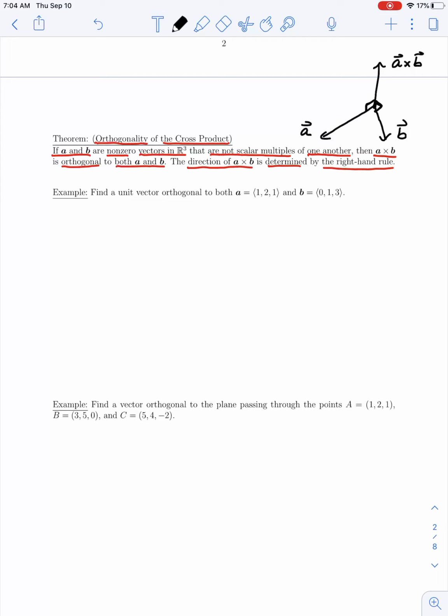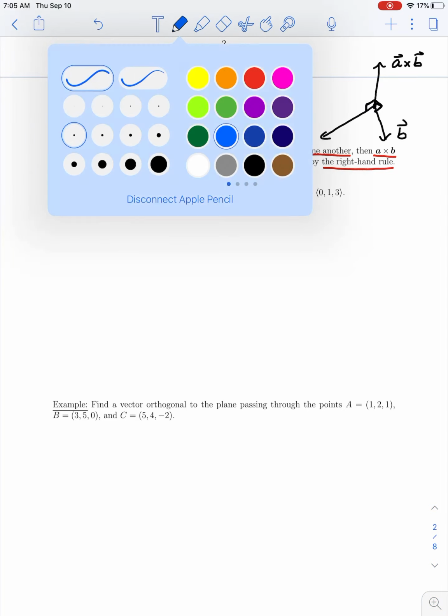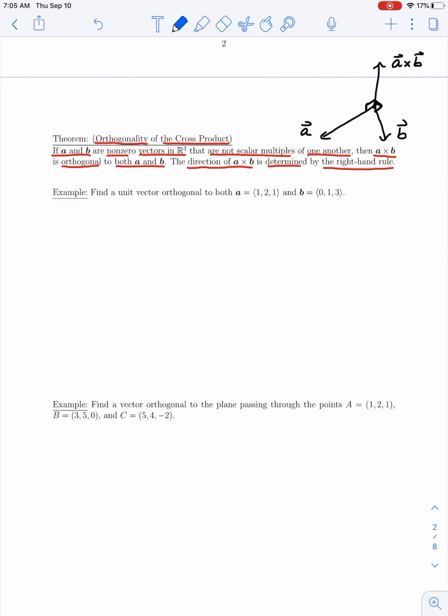When we talk about the direction of A cross B being determined by the right-hand rule, it's a little difficult to explain without the visual of using my hand, but we'll say the following. The right-hand rule indicating the direction of the cross product is thought of like this.